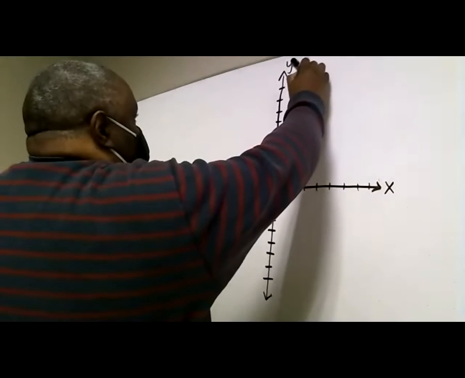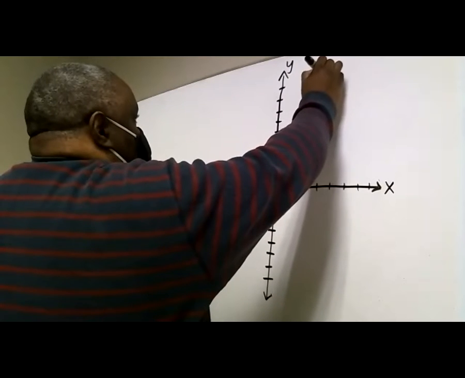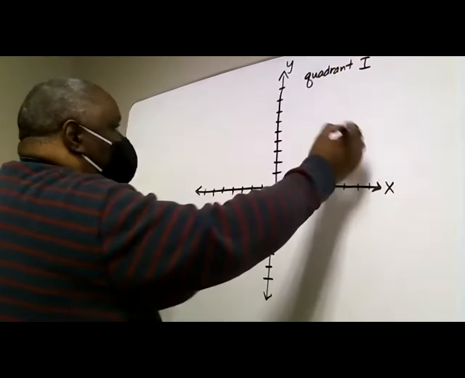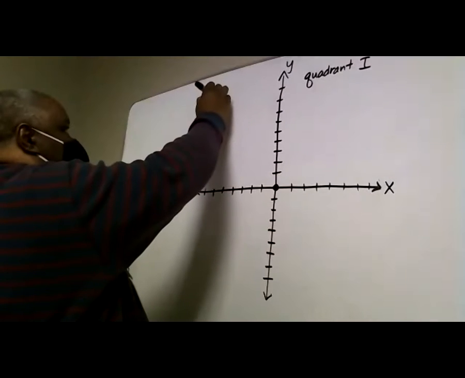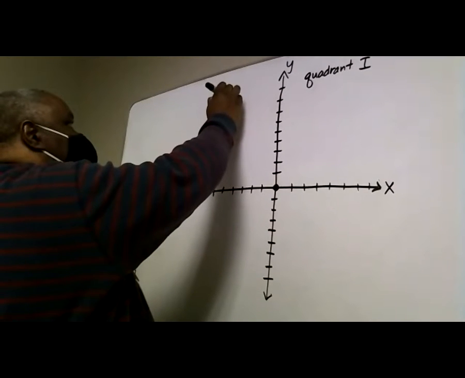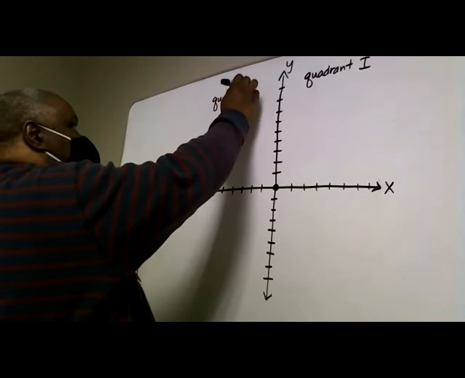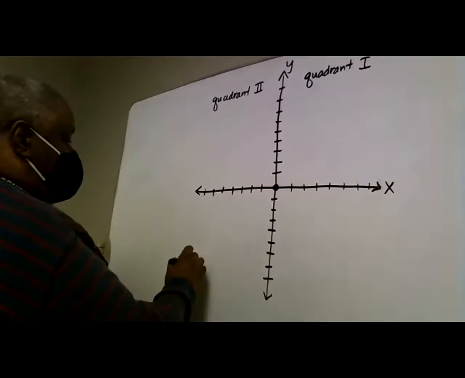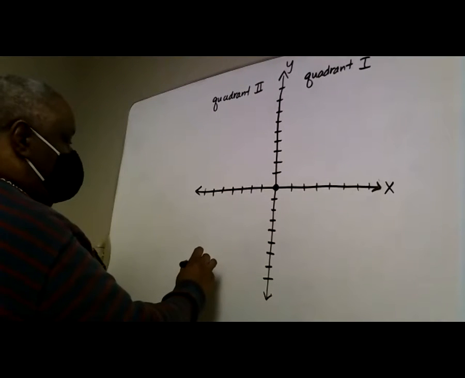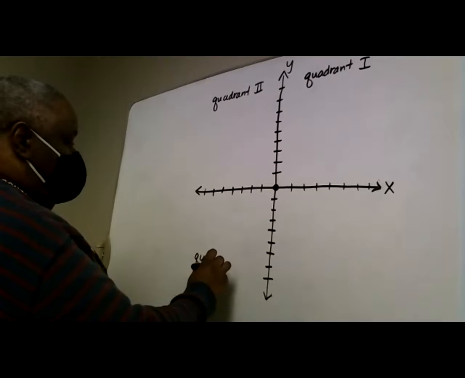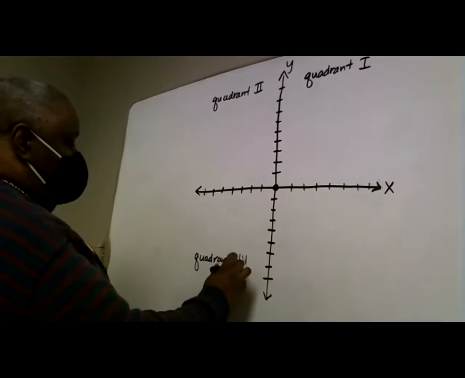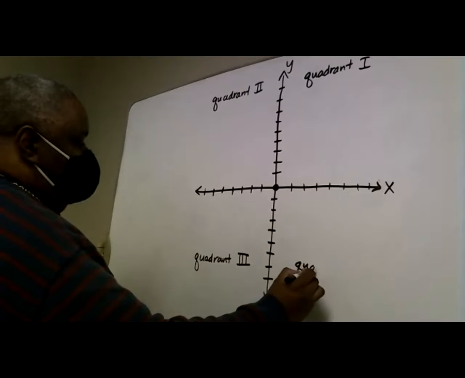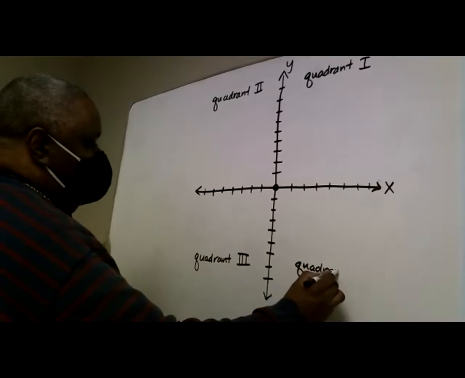So the one in the upper right is quadrant 1. The one in the upper left is quadrant 2. In the lower left, we call that quadrant 3, and quadrant 4 is in the lower right.